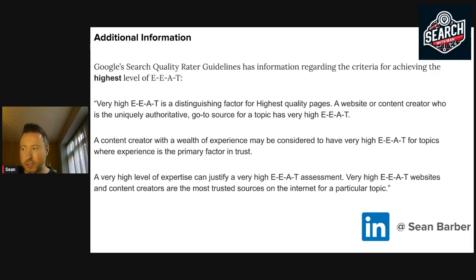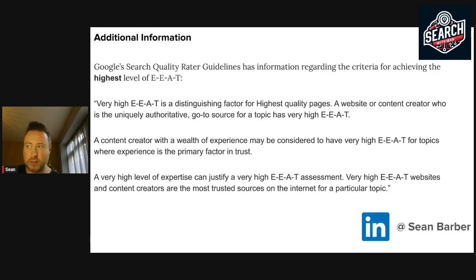A website or content creator who is the uniquely authoritative go-to source for a topic has very high EEAT. A content creator with a wealth of experience may be considered to have a very high EEAT for topics where experience is the primary factor in trust. A very high level of expertise can justify a very high EAT assessment.